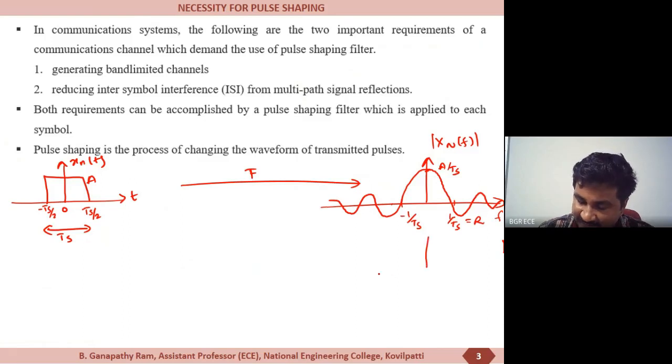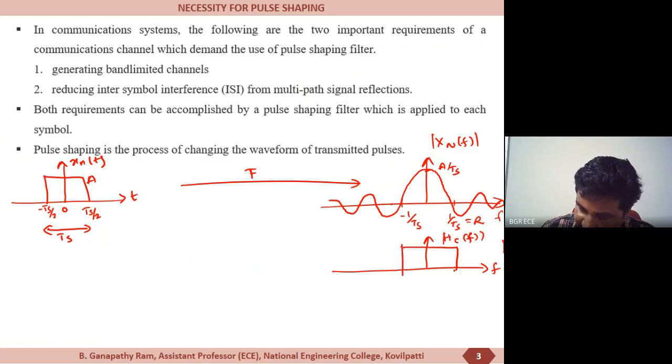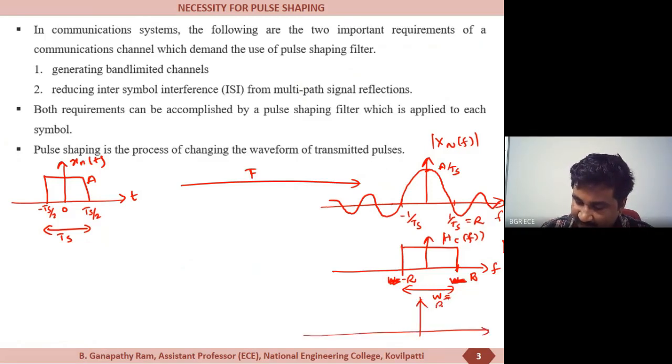If you allow this signal through a band limited channel having a bandwidth equal to R, here we can say that the bandwidth is from minus R to R. So this is the bandwidth requirement, and the received signal is represented by the main lobe of the sinc function.